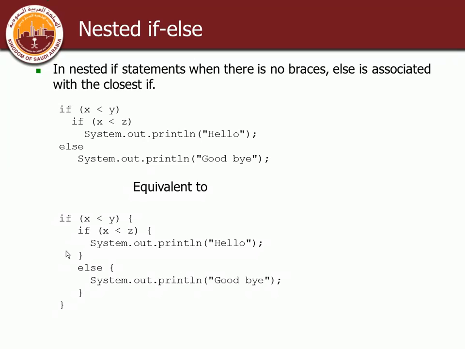And yes, someone had a question. If I want to make the else outside, I will have to end the if. You mean here? Put braces before. Yeah, put the brace here and close it here. I'll close it before the else. Yes, to make it outside.